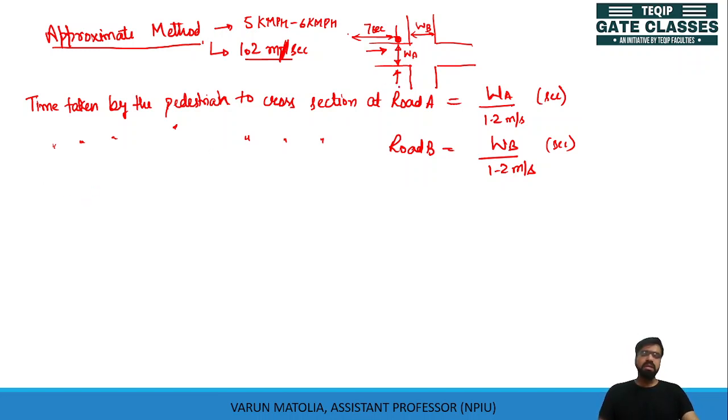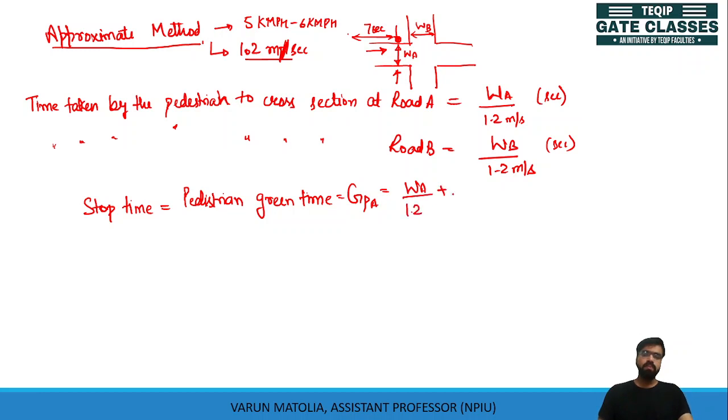This time duration is the red time for your traffic movement at A. So stop time, or we can call it pedestrian green time, GP for A direction is width of this section over 1.2 plus 7 seconds.